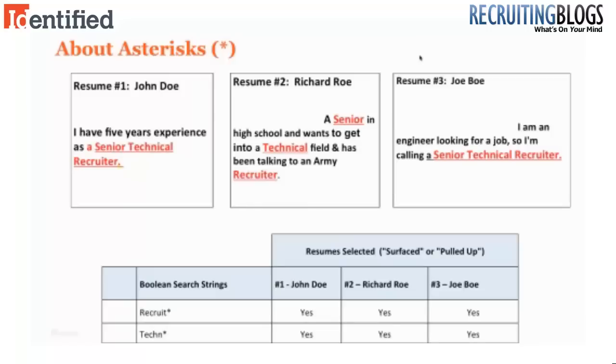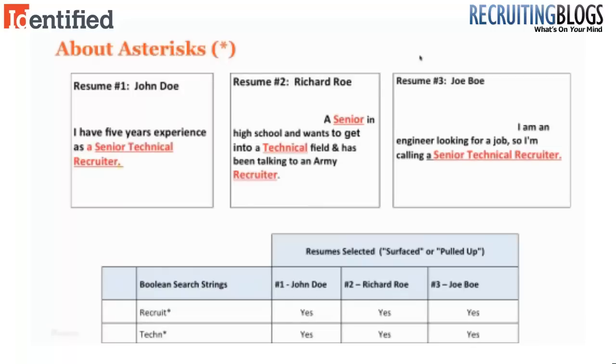It could pick up recruits, recruiting, recruitment, anything with recruit followed by any of the letters after the T in this case. If we go down to the second string, a second 1-word string, we have TECHN asterisk. That's going to pick up technical.